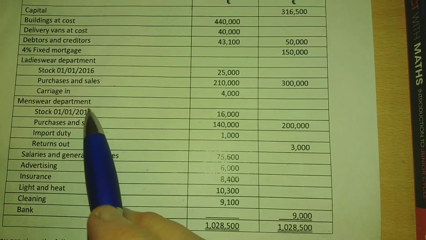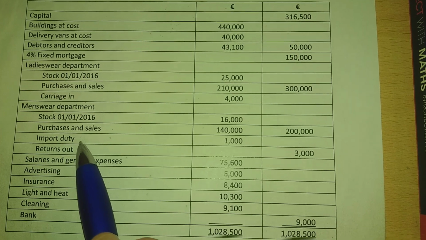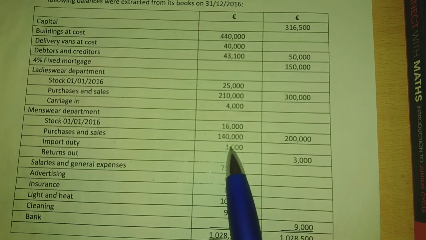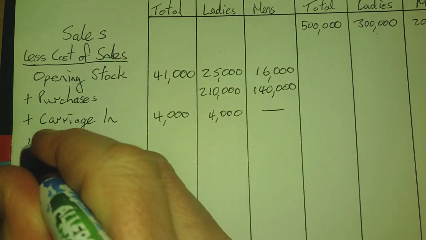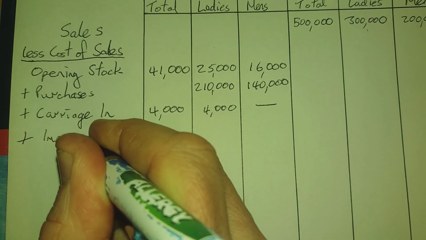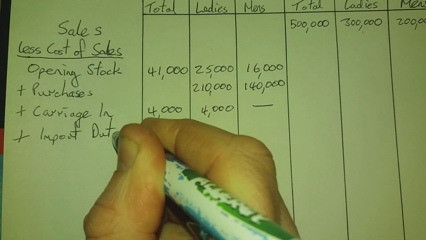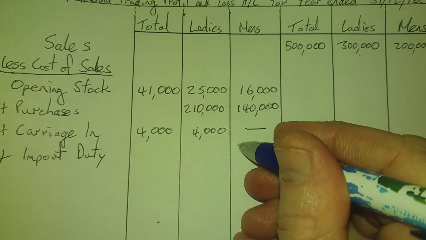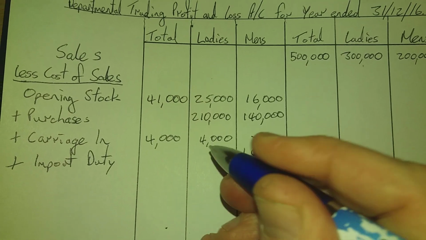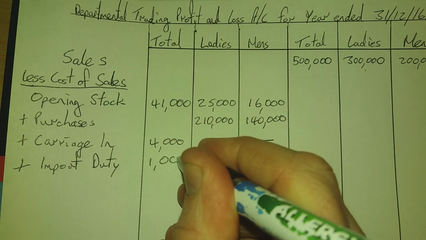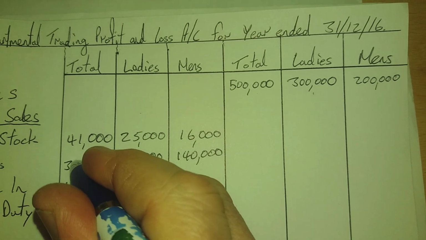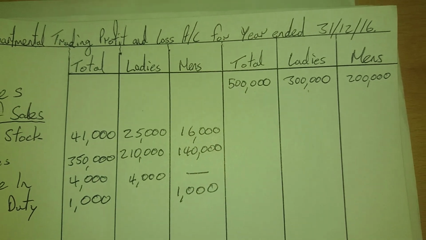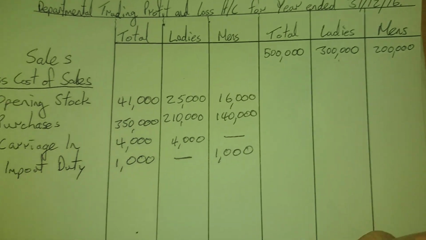Then if we look the menswear department, stock purchase and sales, we've got this import duty here of 1,000, and again that will add to the cost. So we'll go over here at the cost of sales plus import duty, and that was only in the menswear, wasn't it? And the total, oh, we never totaled the purchases, excuse me there, so that's what, 350. There we go. Okay, so far so good.